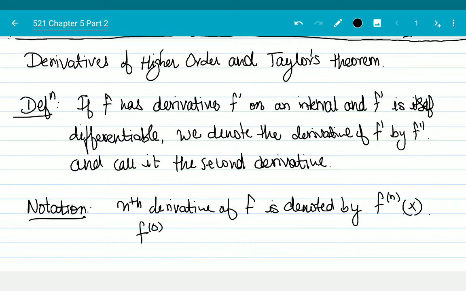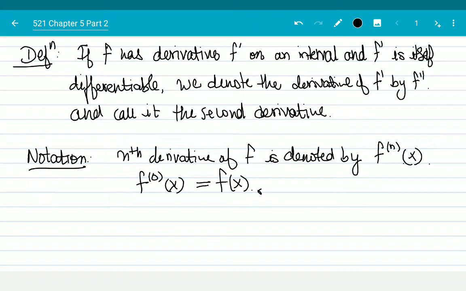F to the 0 of x, well, the 0th derivative of f is just f of x for notation. Okay, and if the nth derivative exists, then that means that f to the n minus 1 is differentiable in an interval around x.